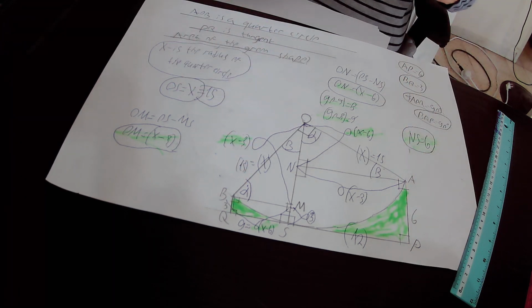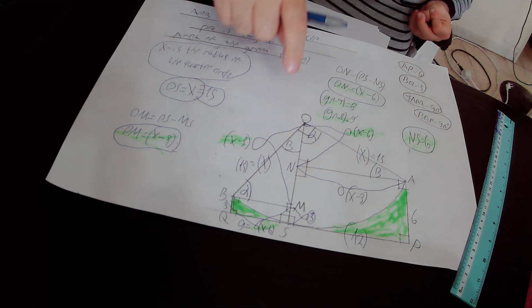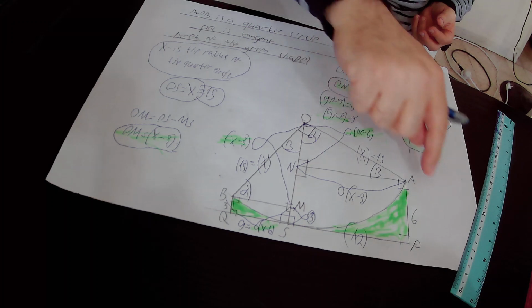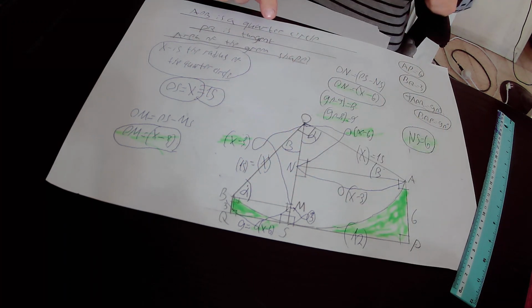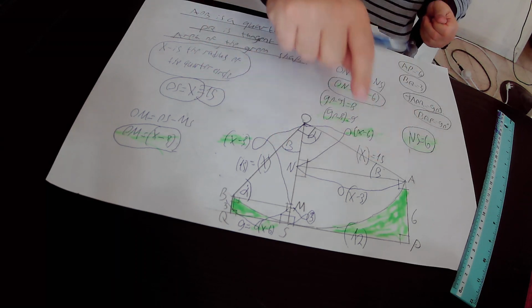But because of the fact that the area of this whole shape consists of those two trapezoids, the sum of the areas of those two trapezoids will be equal to the area of the whole shape.